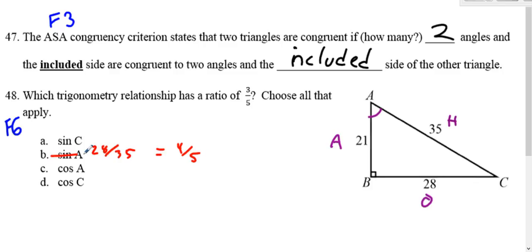So that's not it. Cosine of A would be 21 over 35, which you can reduce to 3/5, which is exactly what we're looking for.